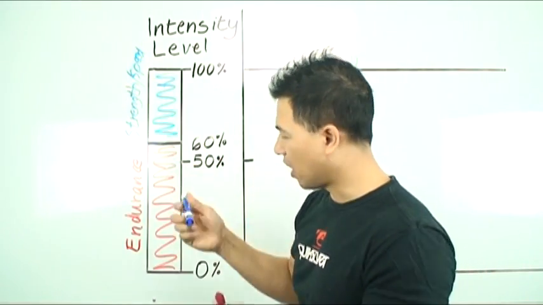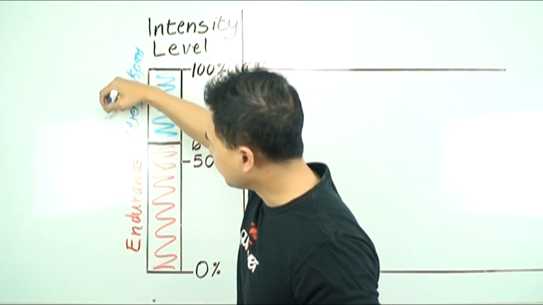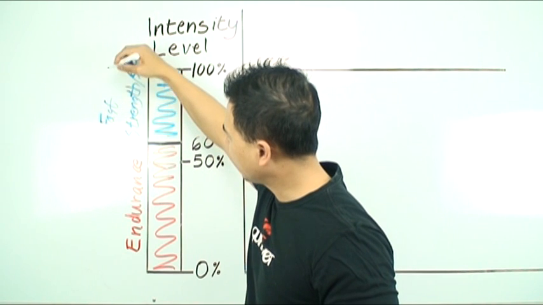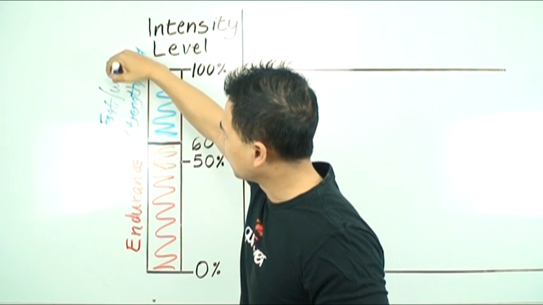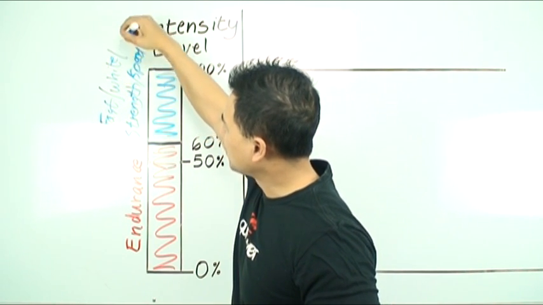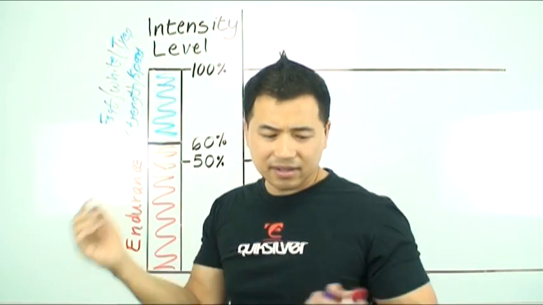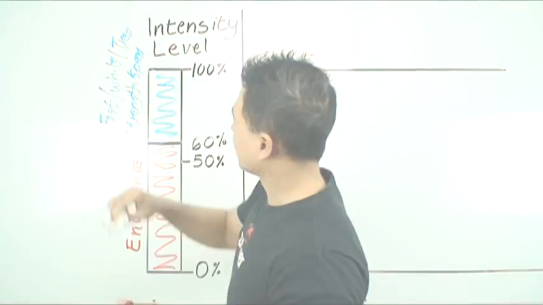Now, you might hear this often referred to as the fast twitch right here, or you might refer to it as the white fibers, and you might even hear it referred to as the type 2 muscle fibers.